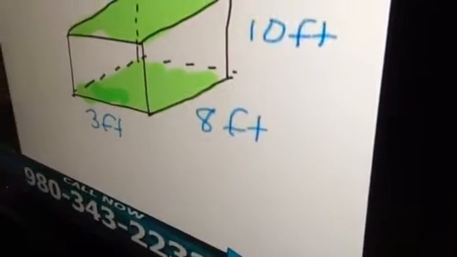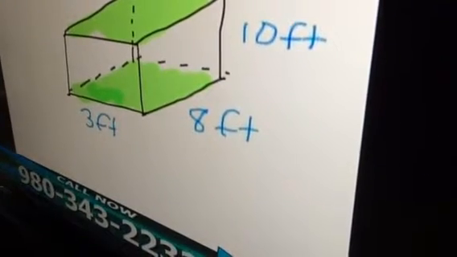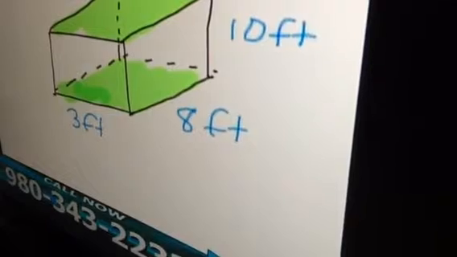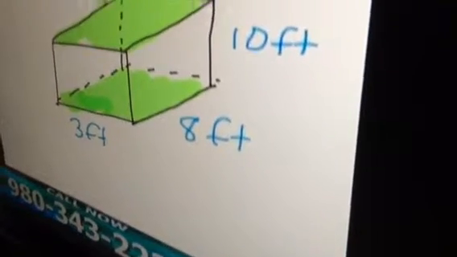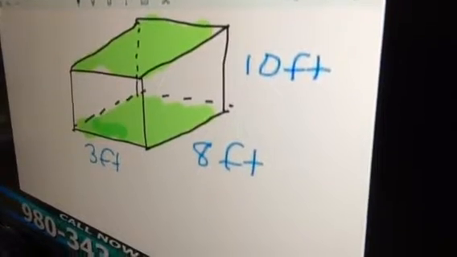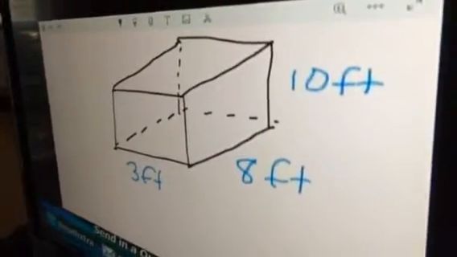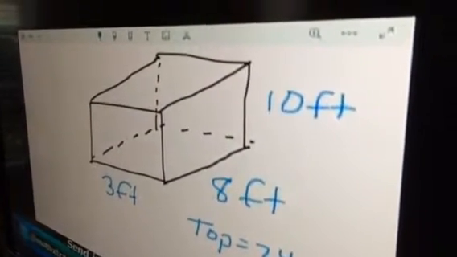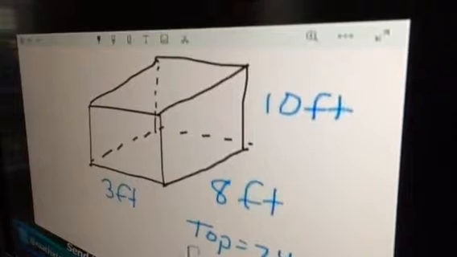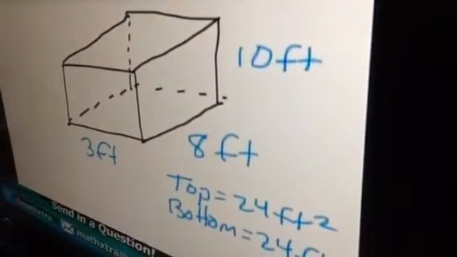So what's going to be the area of those green highlighted areas? 24 feet. 24 feet, keep going. Squared. 24 feet squared, very good. So I'm going to undo the highlights. All right. So we're going to say the top and the bottom. The top is 24 feet squared. And the bottom is also 24 feet squared.